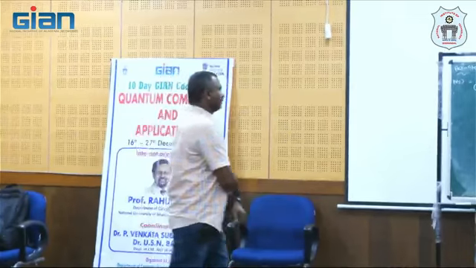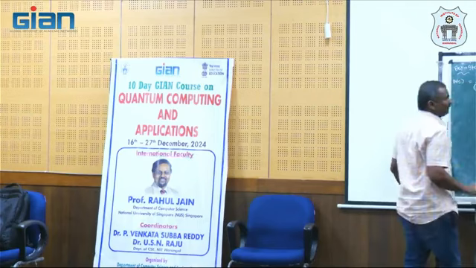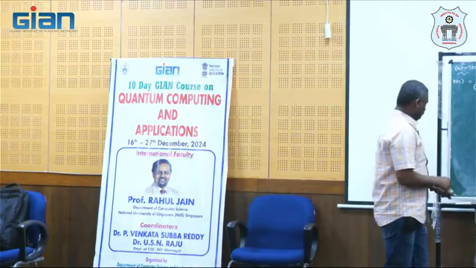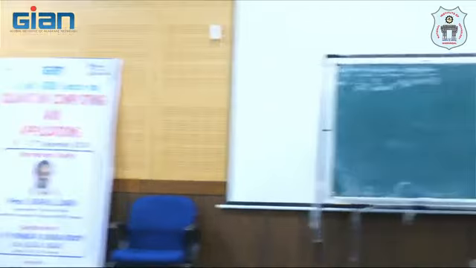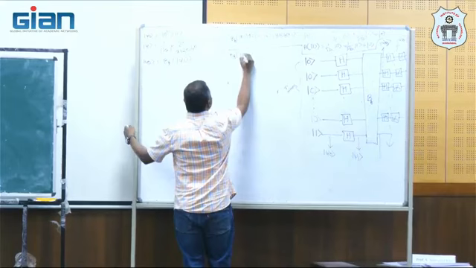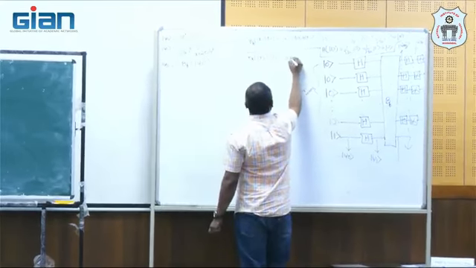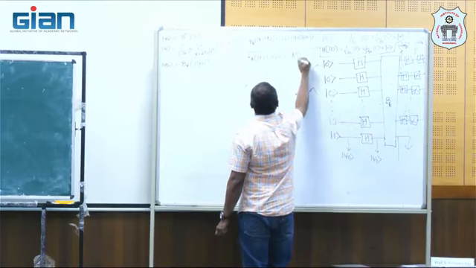This you have already seen, no? And this also you have already seen. If y is minus state, ket x, ket minus, what is this? Minus 1 whole power f of x.